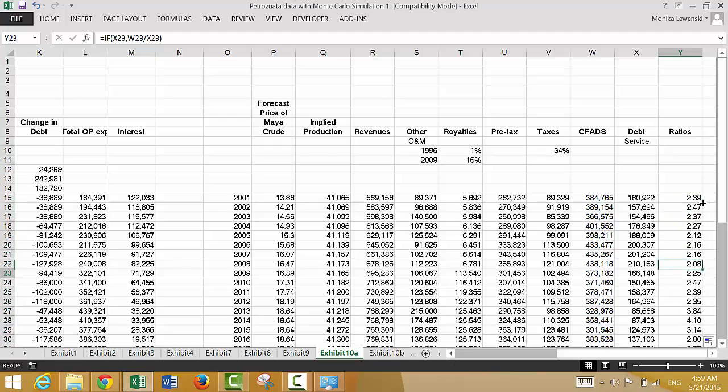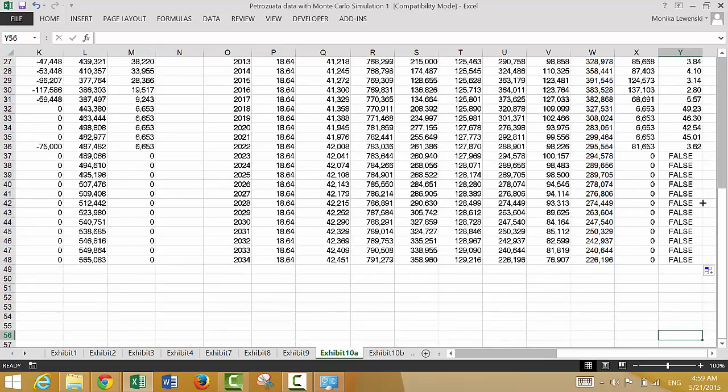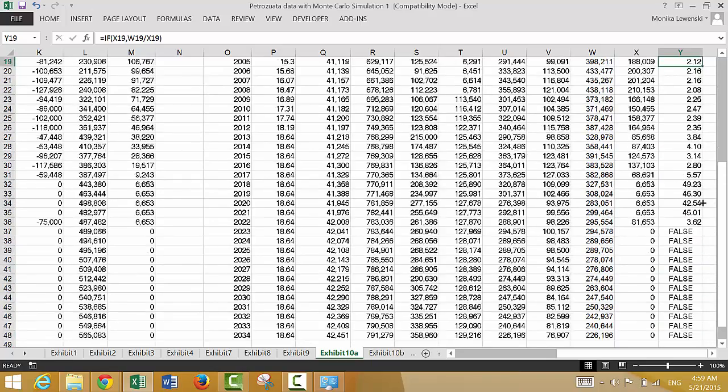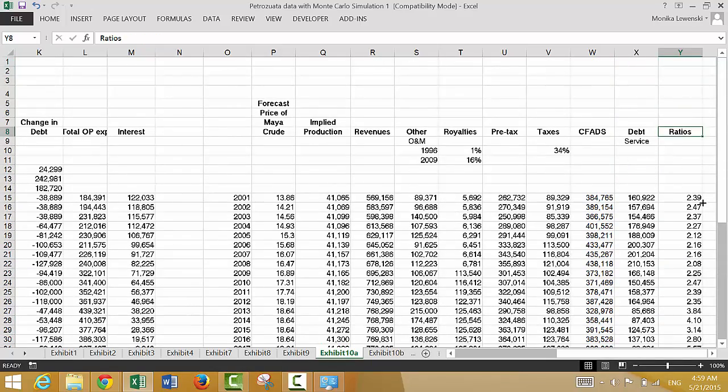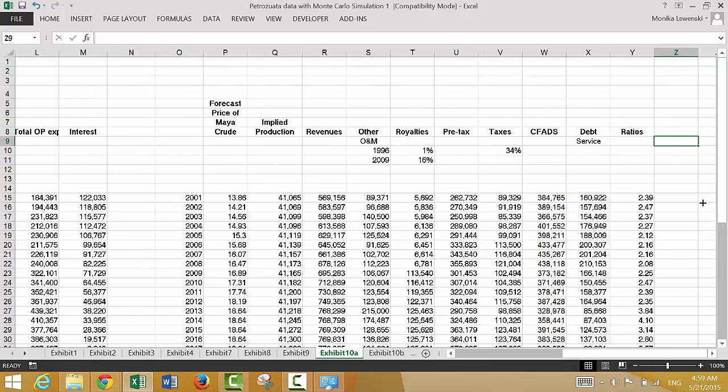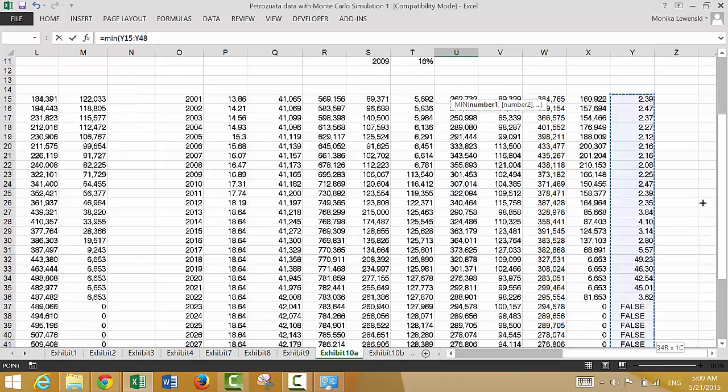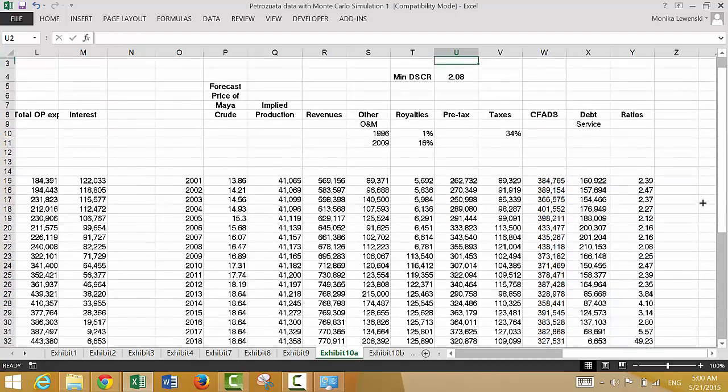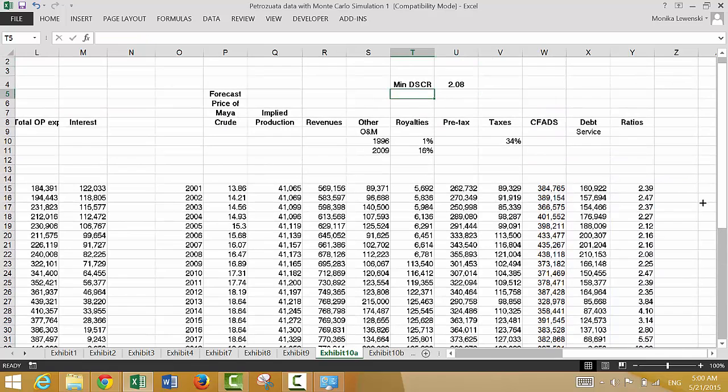And that's our minimum DSCR, I think, that we had before. And the good news about that is then we can put it up here at the top. Minimum DSCR. Okay, and now we'll get that.